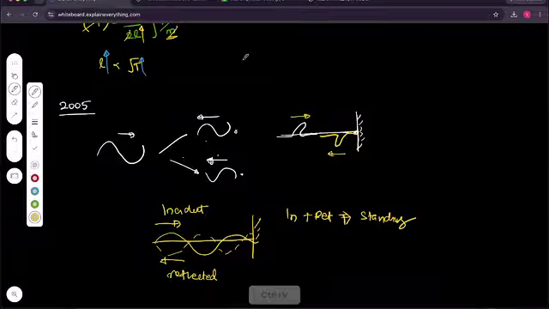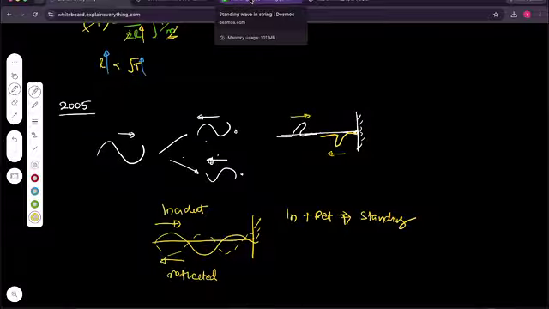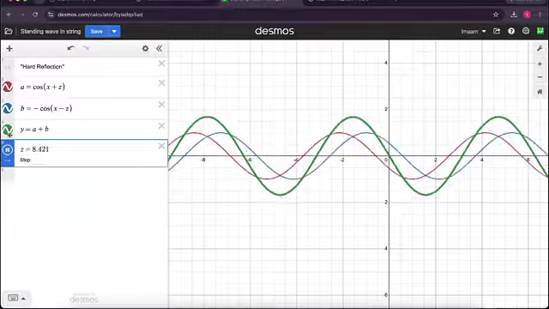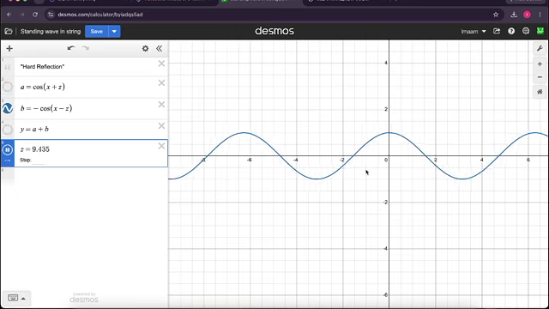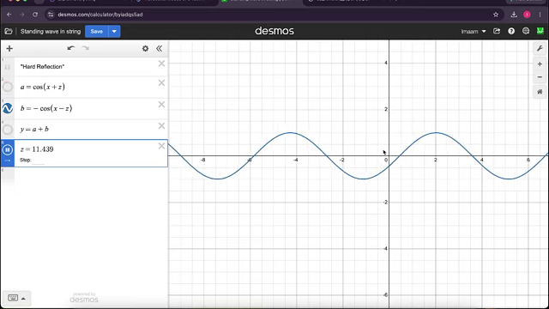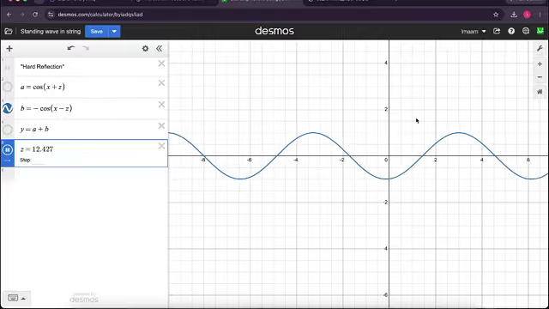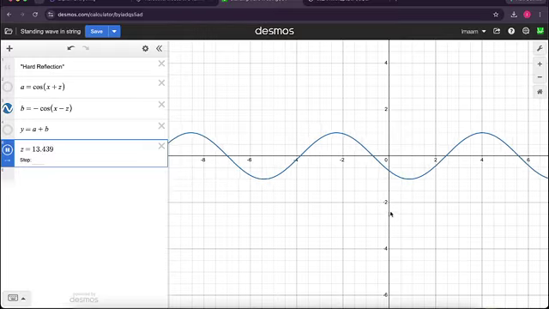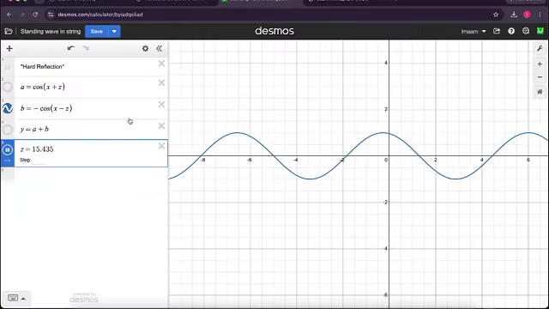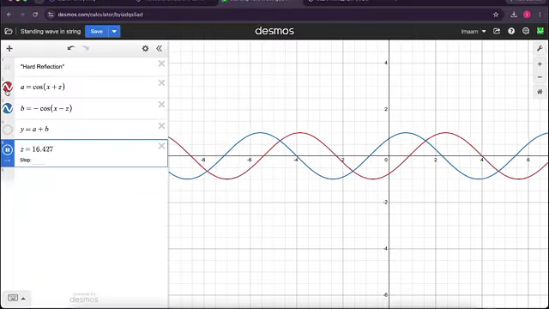Let me show you that animation. This is our incident wave. Consider this y-axis as the reflection point or the wall, so it's going to get reflected.